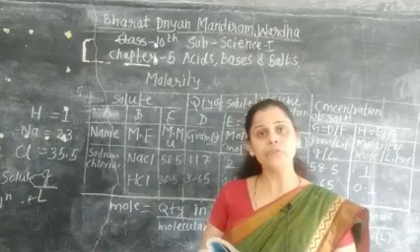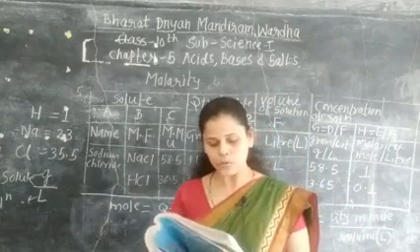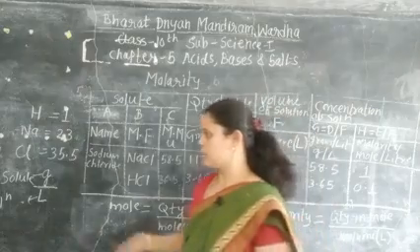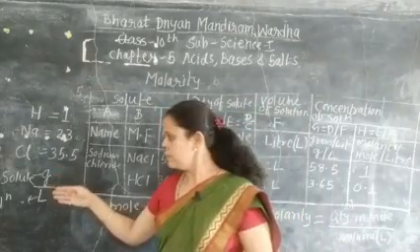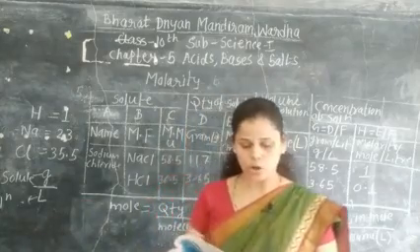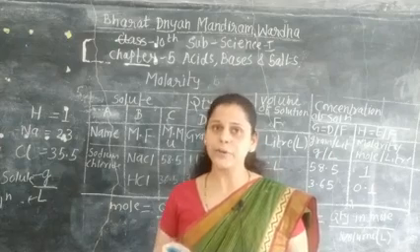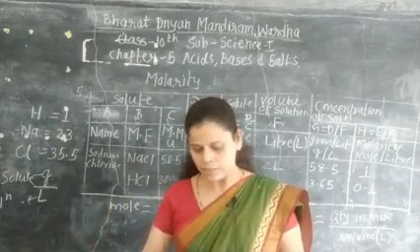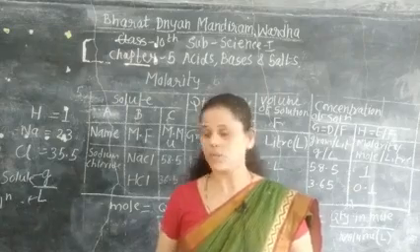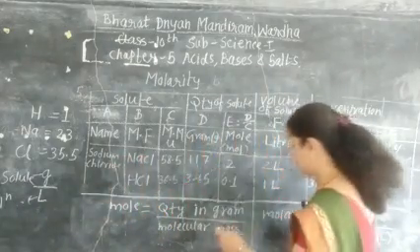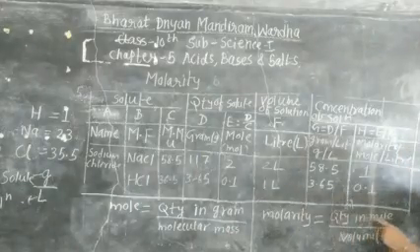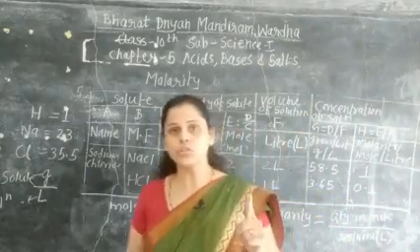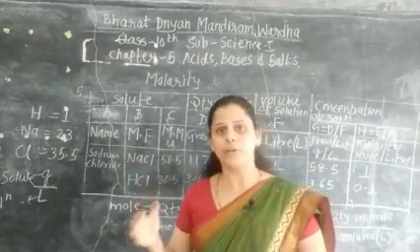The second unit of concentration is the moles of a solute dissolved in 1 liter of solution. That means the quantity in moles per liter of solution is the second unit of concentration.